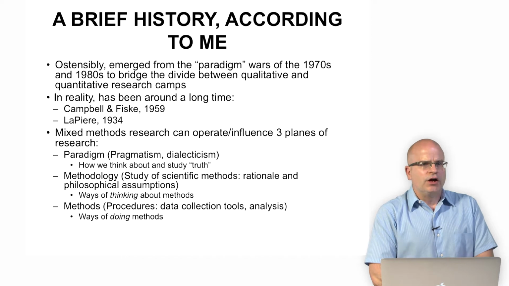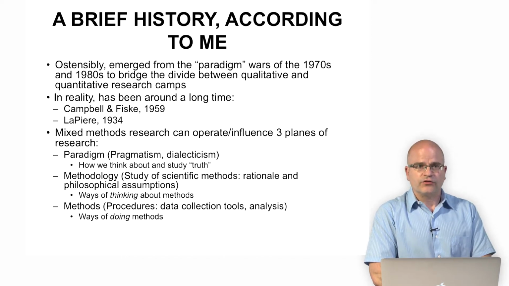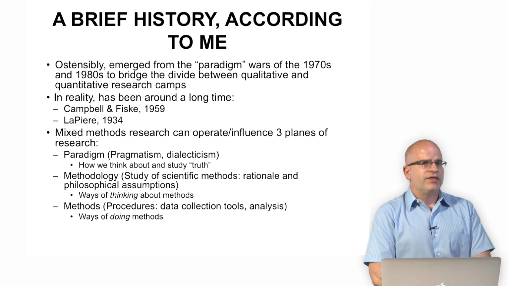But when we really think about mixed methods, and this alludes to my earlier point, it's been around for a long time. When you look at, for example, some traditional studies in psychology, such as the Campbell and Fiske classic 1959 study of the multitrait-multimethod matrix, which was really core to understanding construct validity and measures, that has been held up as a potential example of early mixed methods research.